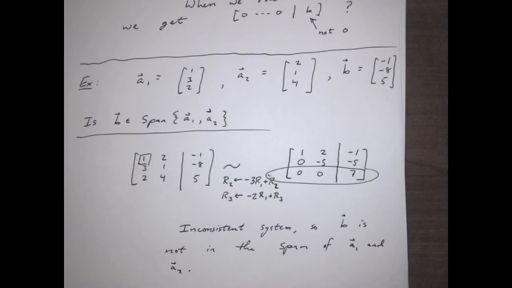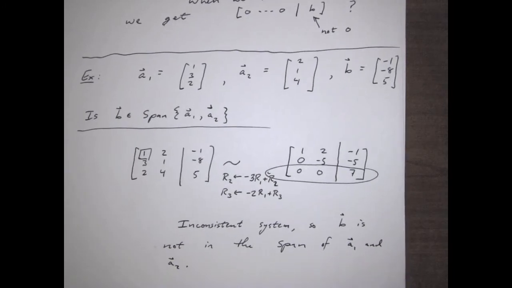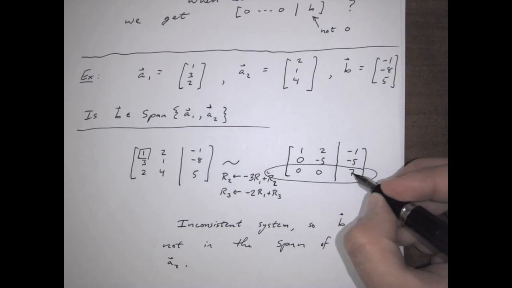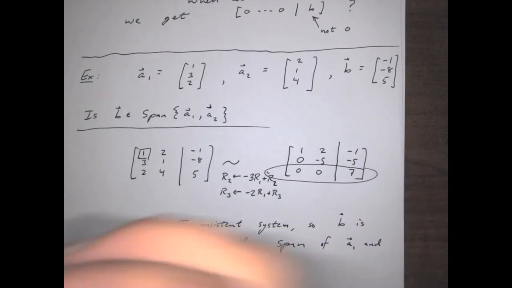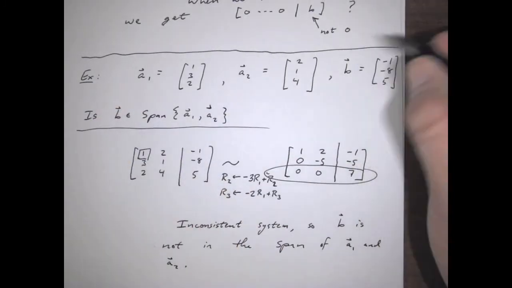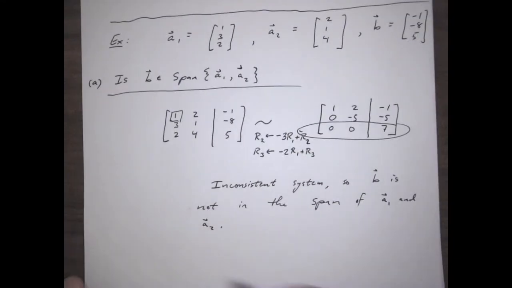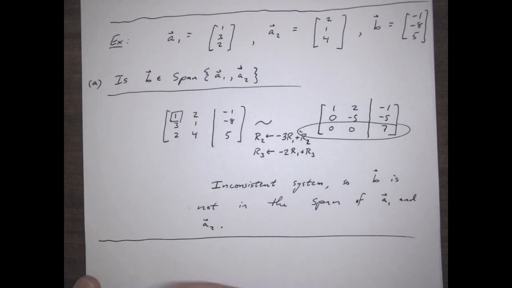Now, what it would have looked like if it had been in the span, what that would have caused to happen here would be a 0 down here instead of a 7. And so let's call this retroactively example A, and that would have led to a different conclusion.